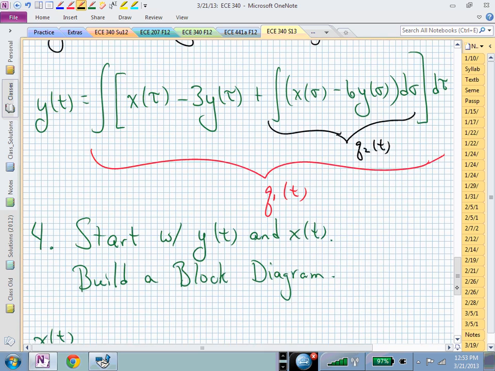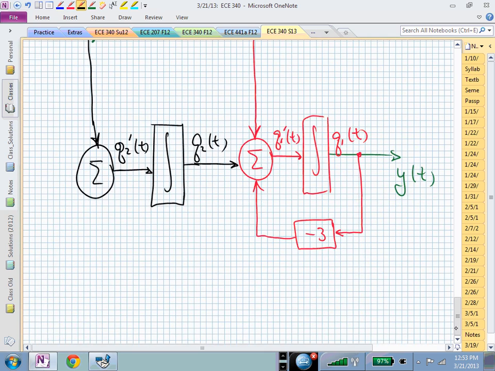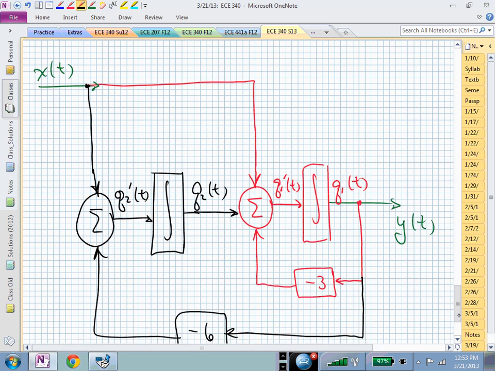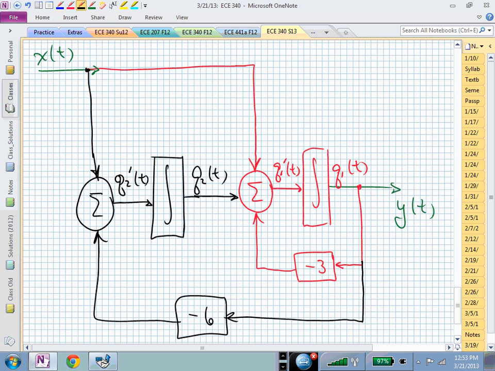And it is minus 6 times the output. So I could now come and take the output, say minus 6. And now I have an all-integrator block diagram from my original transfer function.